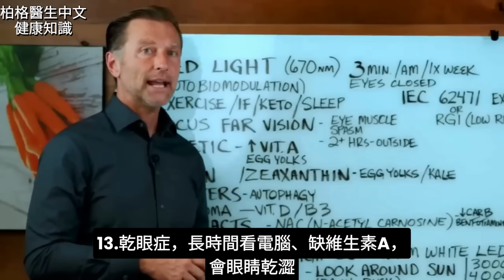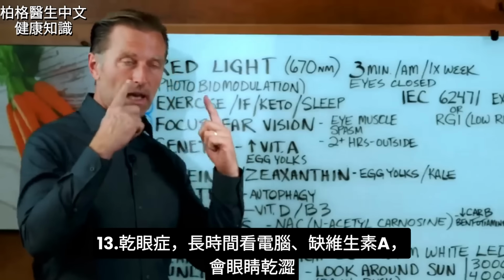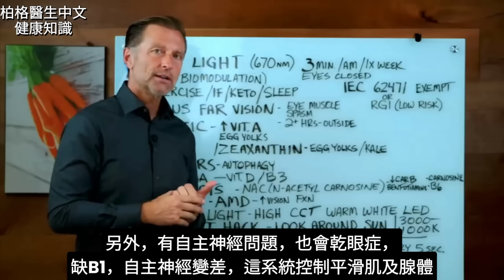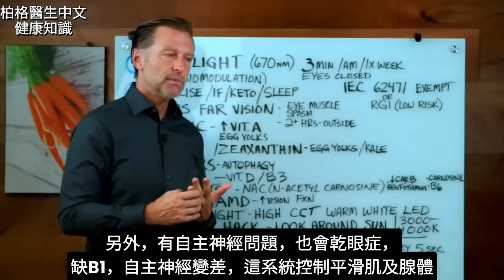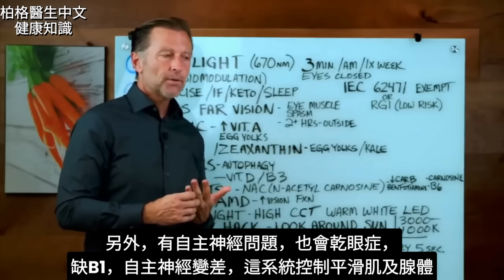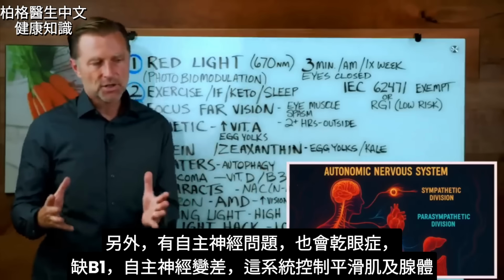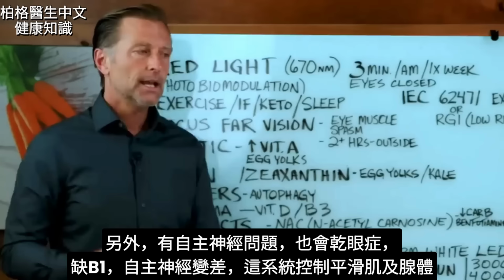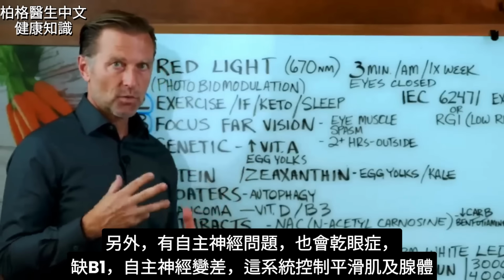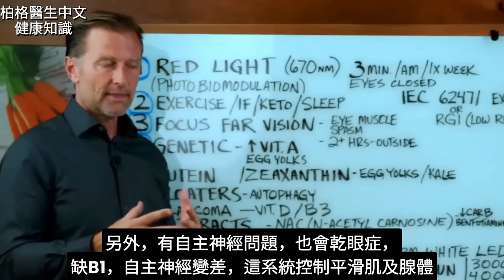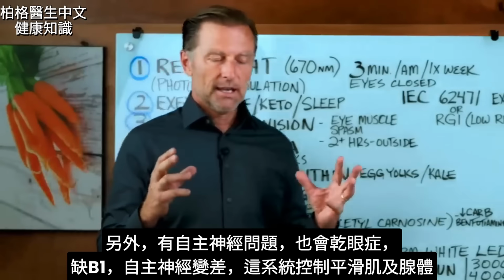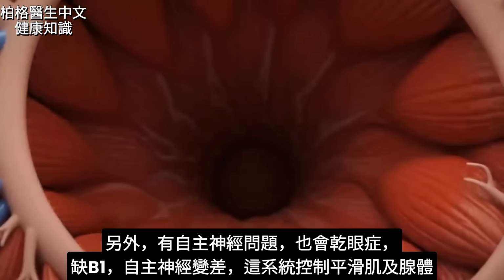Also, a lack of vitamin A will cause dryness of the eye. But there's one other cause of dry eye that I need to make you aware of, and that is a problem with the autonomic nervous system. When you are deficient in vitamin B1, the autonomic nervous system doesn't work that great anymore, and that system controls the smooth muscle that controls your glands.